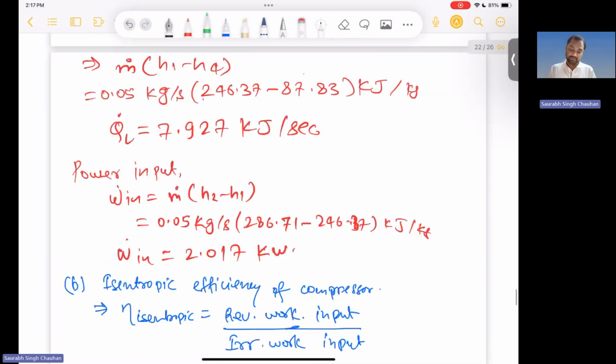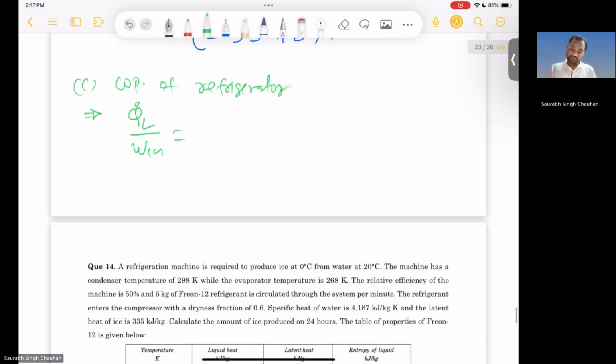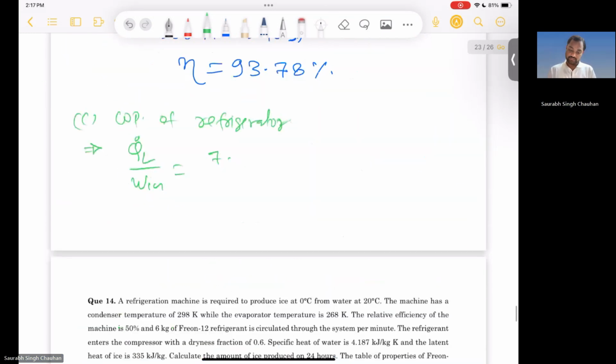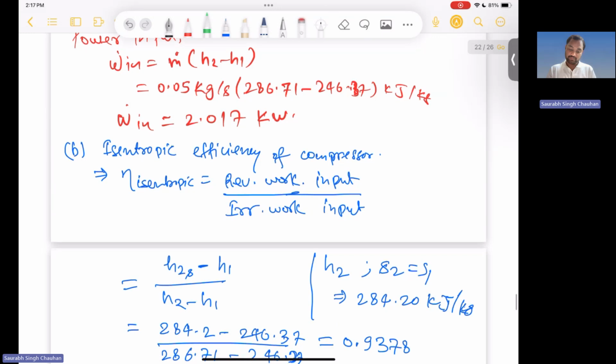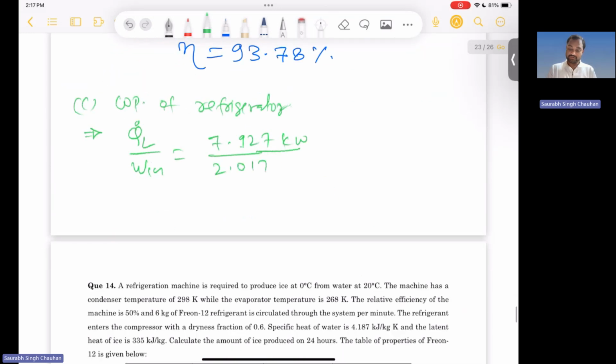The rate of heat removal is 7.927 kilowatt, divided by the rate of work input, or the power input, which is 2.017 kilowatt.